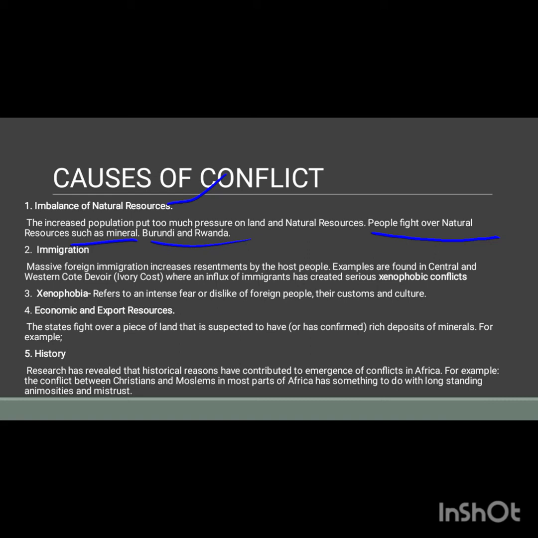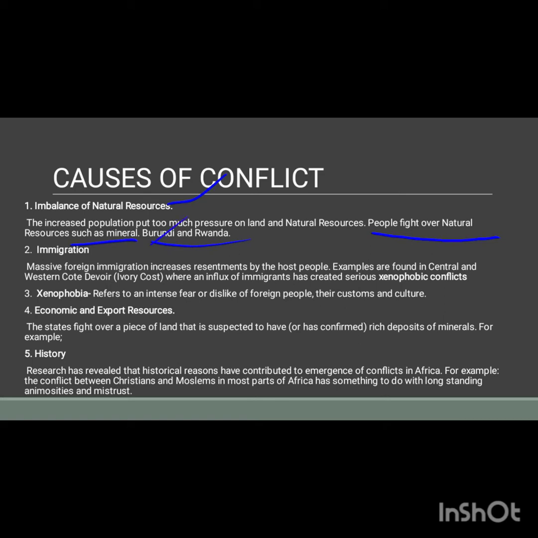They have not really been fighting, but there is a misunderstanding there. Zambia says it's our land, Congo says it's their land as well. So there hasn't been any fight yet, but they quarrel. So that is about natural resources, including land and minerals.